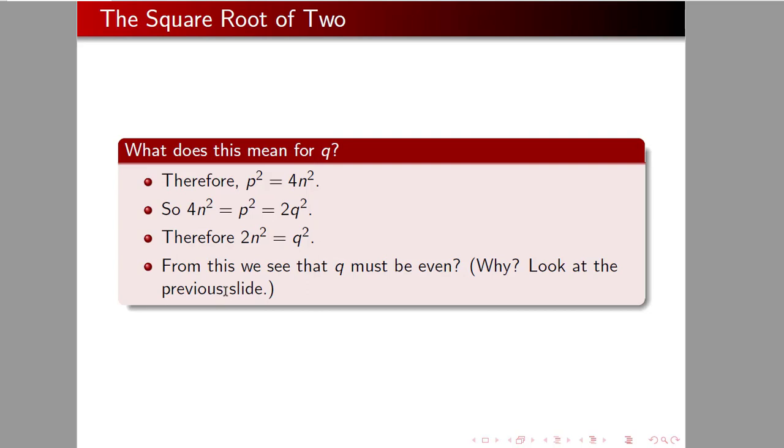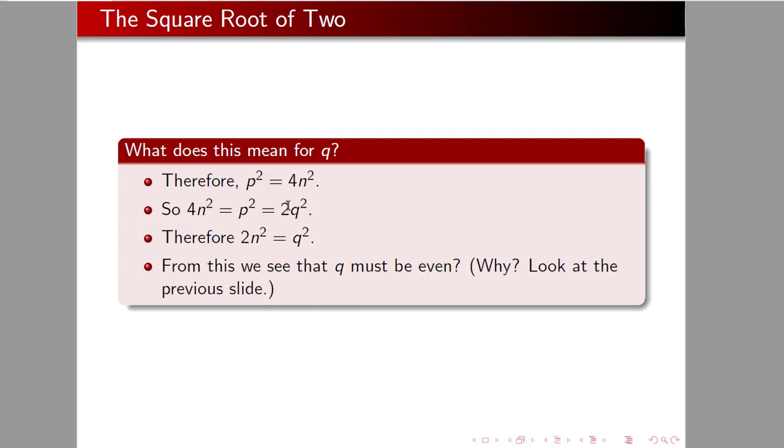All right, so if p is even, it's equal to 2 times n, and so p squared is 2 times n, squared, so that's 4n squared. Okay, so 4n squared is equal to p squared, but p squared was equal to 2 times q squared.